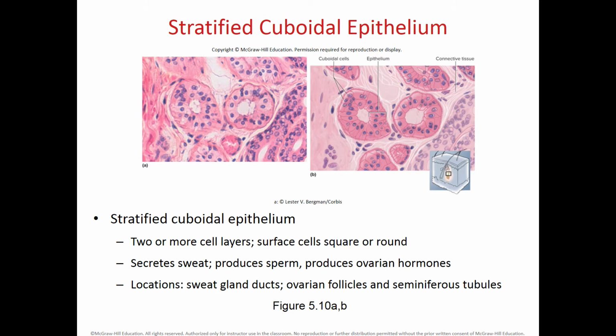And locations will be in sweat gland ducts, like the ones that we have in our skin, also in our ovarian follicles, and in males in the seminiferous tubules in the testicles, so that they can produce sperm. And this is how it looks like. Okay, several layers of cells. And in this case, this will be for a sweat gland in the skin.